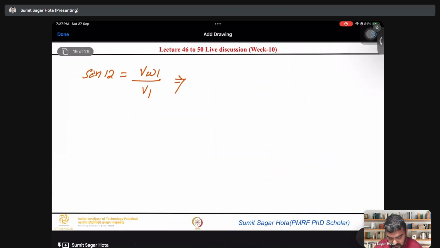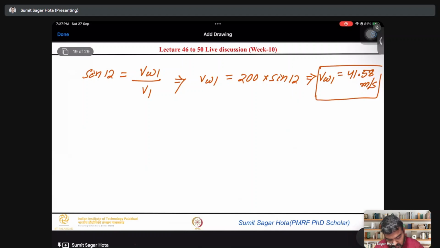Let's find out the VW1 from this. VW1 is equal to 200 into sine 12, which implies VW1 is equal to 41.58 meter per second. This is your VW1. Now let's find out VRW1.